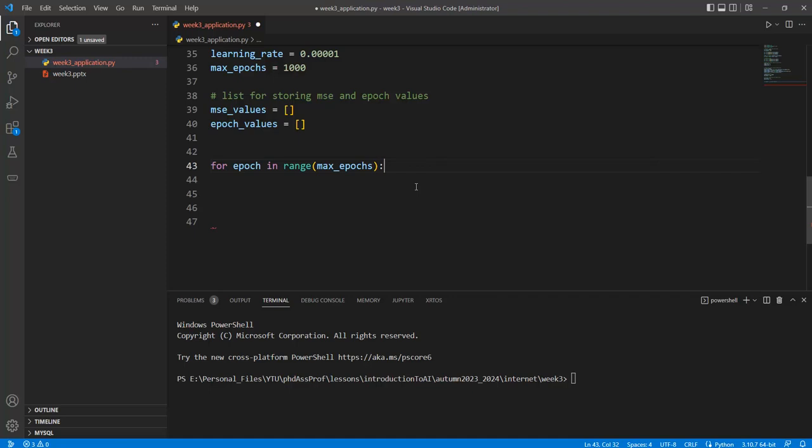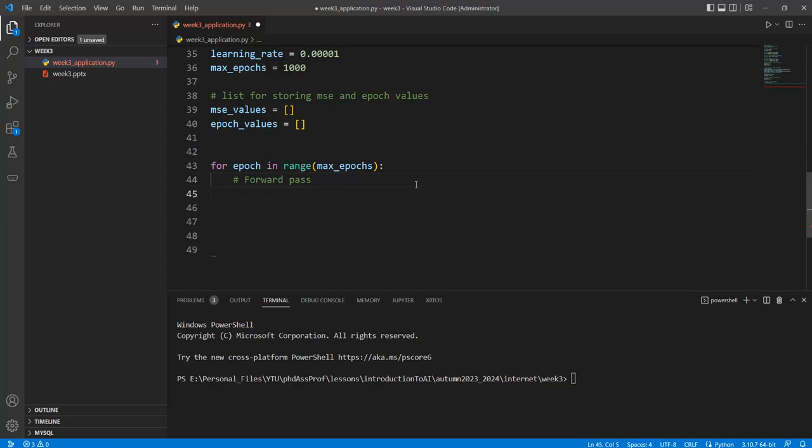Okay, so in the first place we should give the forward pass, because we need to calculate the output of our neural network.